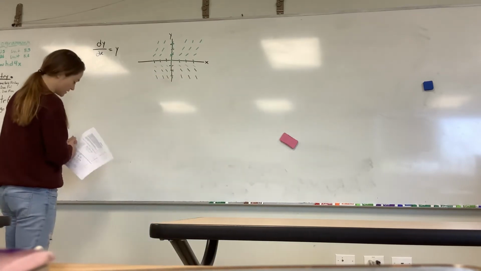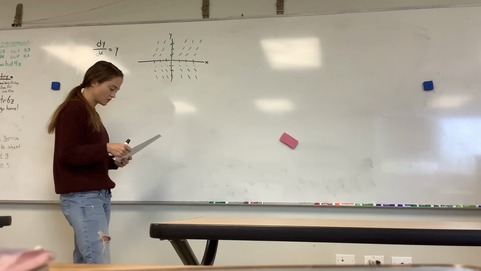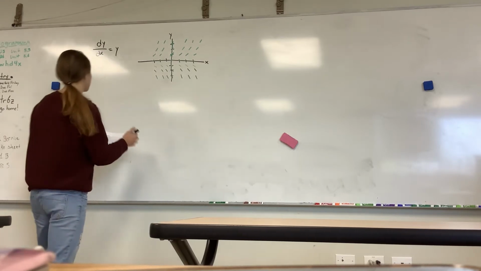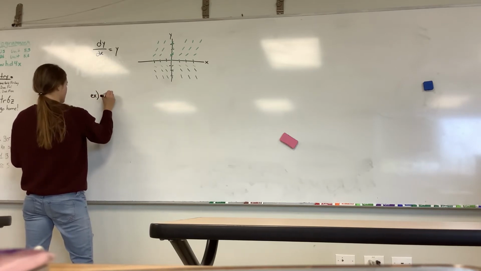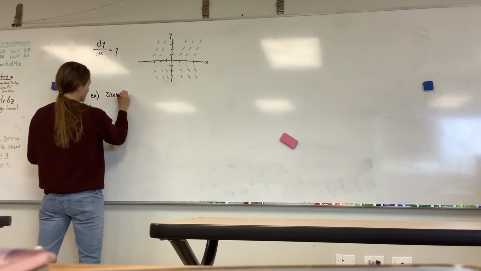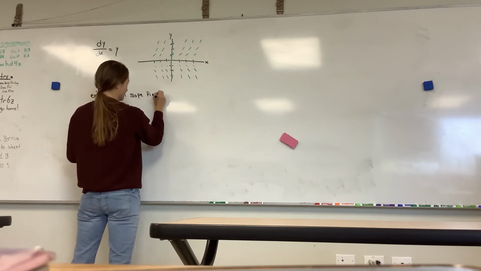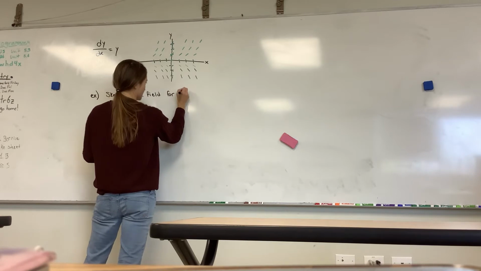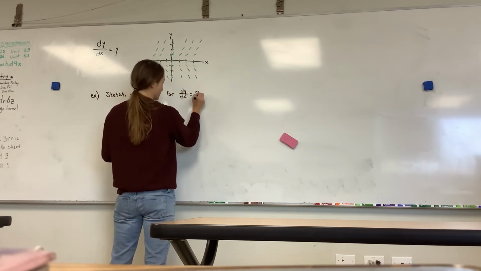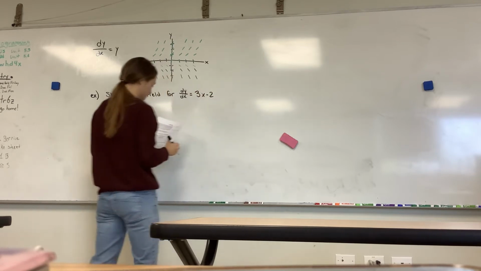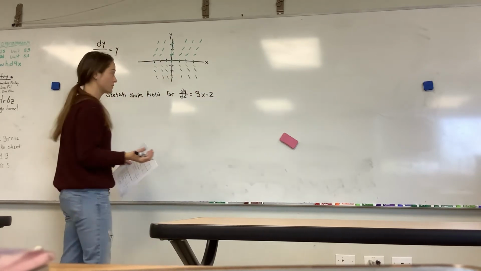So here it says, example 1, sketch the slope field for dy/dx is equal to 3x minus 2. Okay, so if we look at our table, I've already set it up for you.